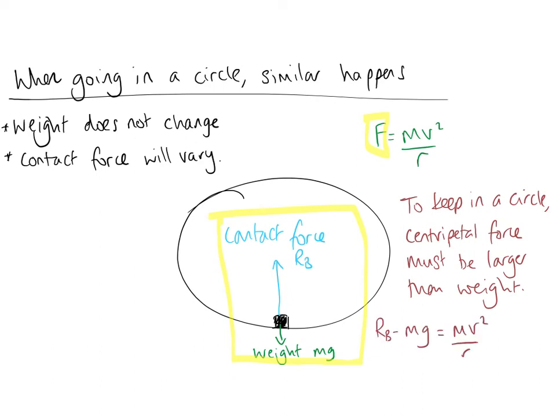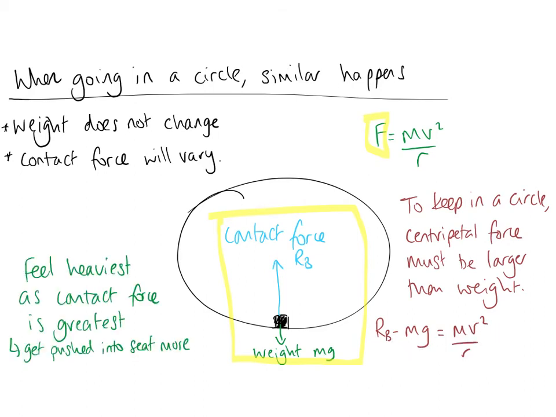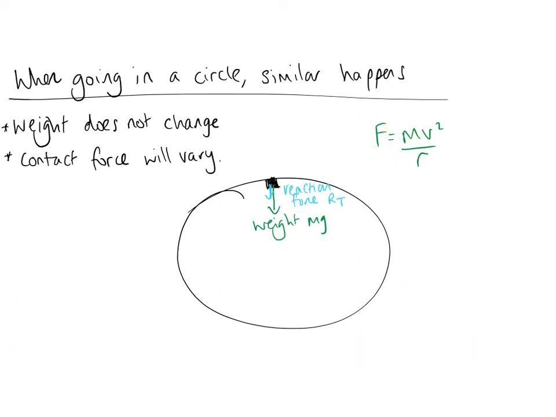So we can write that the centripetal force is equal to RB, our contact force, take away our weight, and that gives us the constant we mentioned earlier. You might have noticed it, but that's when we feel heaviest. We feel heaviest at the bottom because the contact force is much bigger, so we get pushed into our seat more. Let's look at the opposite, at the top. We've still got the weight acting down, that won't change.